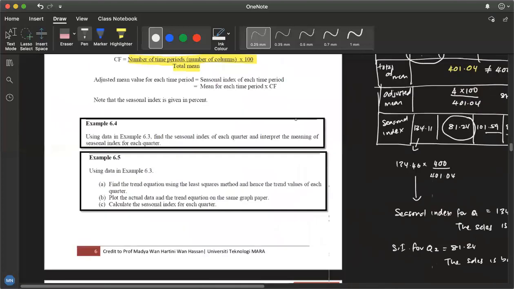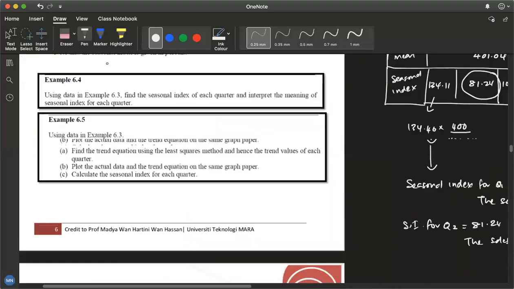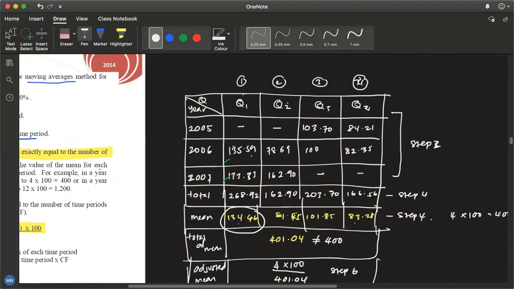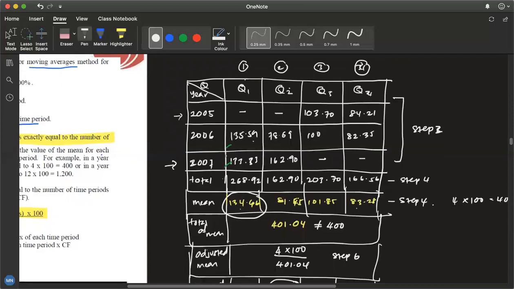Okay, now the next topic that we want to study is how to do forecasting. So based on the raw data, we have the values of the data from 2005 until 2007, quarter number 1 until quarter number 4. What if we want to forecast the value of sales for quarter number 1, 2009?